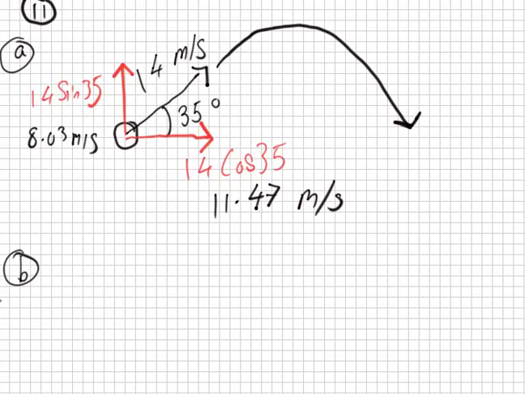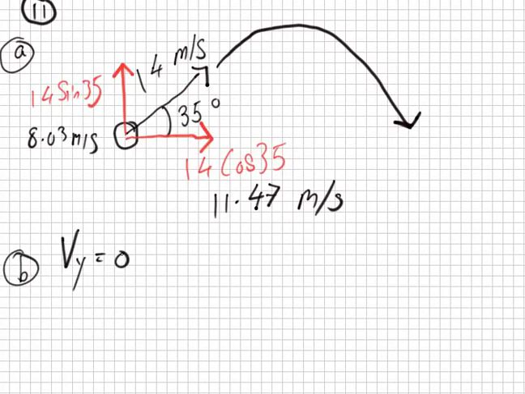So if you look here, at the maximum, when this is moving up in the air, when it's at the top, its Vy is 0. Because if you think about it, if I throw this up in the air, it starts to slow down, stop, and then fall back down. So at the top, the key thing here is that Vy equals 0.